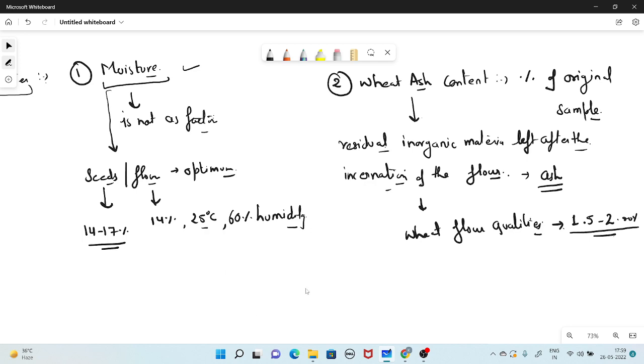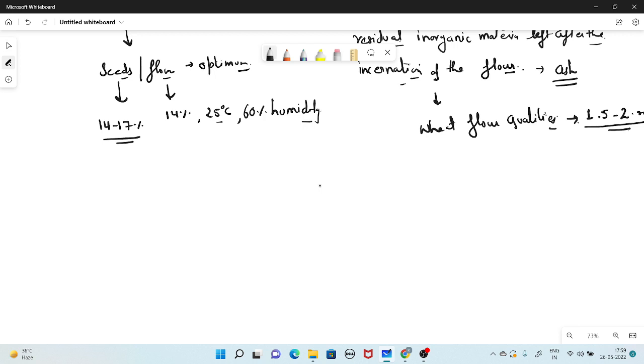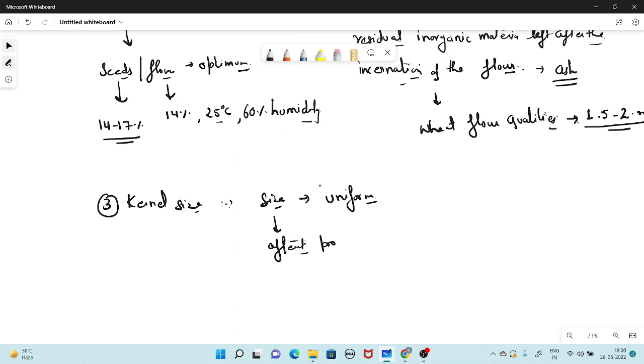Another parameter of the wheat seed is the kernel size, right? Change in size, seed apertures, and fixed configurations can affect the grinding performance. So the size of the kernel should be uniform. If it is not uniform, then, as I already mentioned, it can affect the processing of the wheat during milling, right?